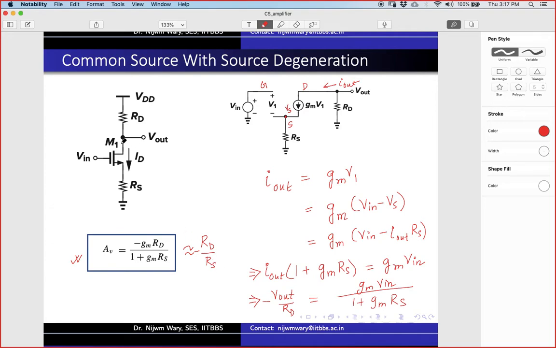These circuits are especially important whenever I want to make my circuit very linear. This is because the resistor is a linear device, while Gm is a non-linear device, right? So this circuit is specially used when I want very high linearity, because if my GmRS is much larger than 1, my gain is just dependent on RD and RS, both of which are resistors and linear devices.